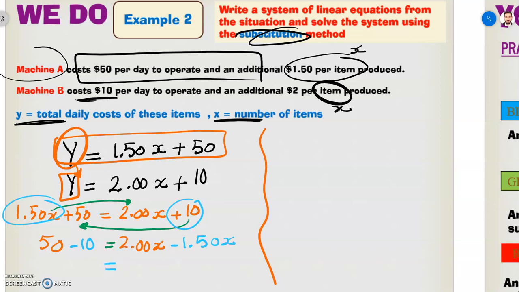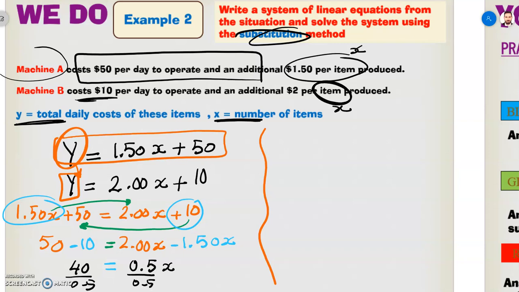Okay, so what do we have here? If we have 2 minus 1.5 equal how much, guys? Is equal 0.5x, correct? Yes. As we have 2 dirham minus 1.5, so we'll have 0.5x. And here 50 minus 10 is equal to 40. Okay, I have to divide by 0.5.